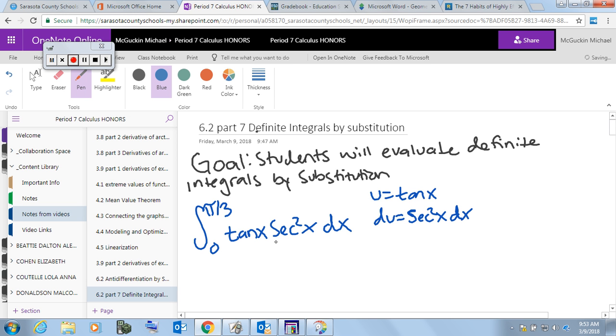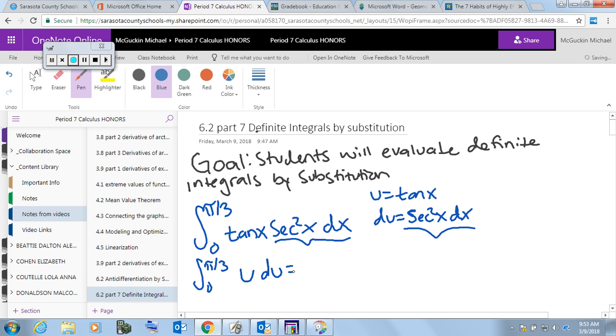Well, looky here, folks. We've got the exact same thing on both. There's our secant squared and our secant squared, and it matches up. So now we're in substitution mode. Tangent was u, secant squared dx is du, and now we just need to integrate.